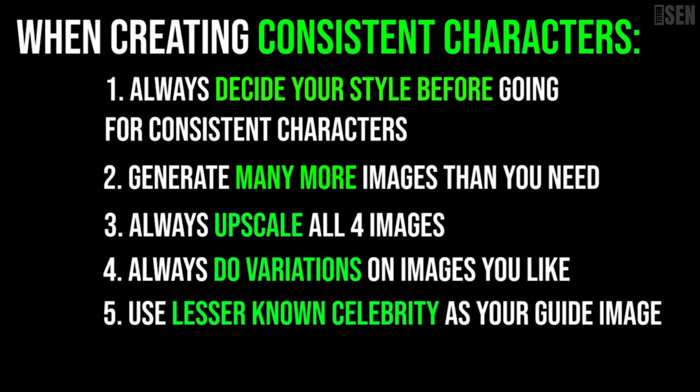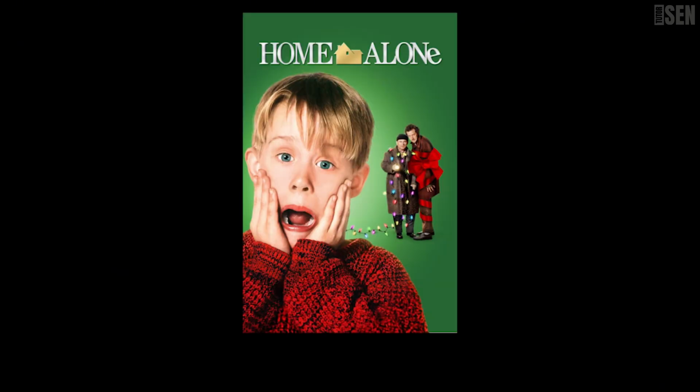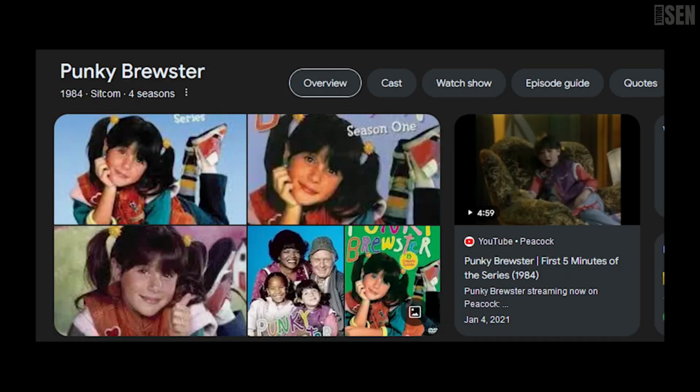And 5. Consider using a lesser-known movie star or celebrity as inspiration for a character, or even a mix of 2 or more people. For example, if you are creating a children's book with a child character, if you use Macaulay Culkin, probably everyone is going to recognize him because, hey, he is the Home Alone boy. Who can forget him? But do you know the character Punky Brewster?